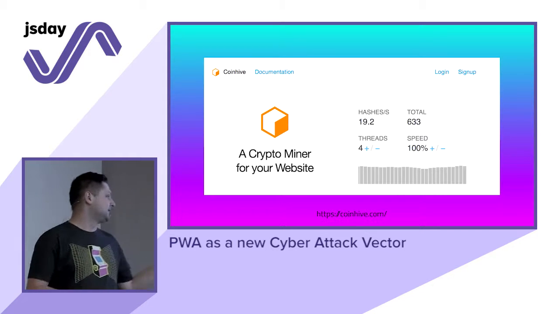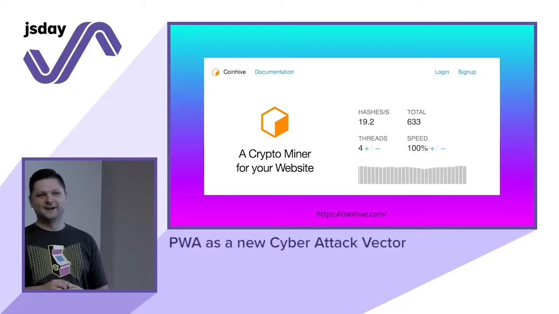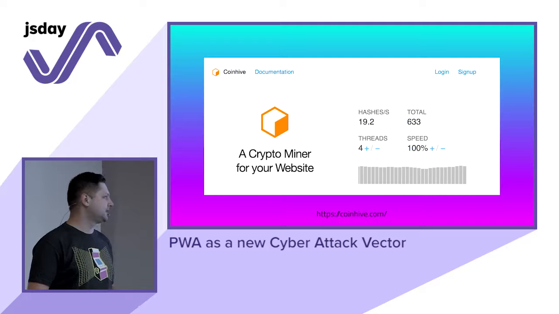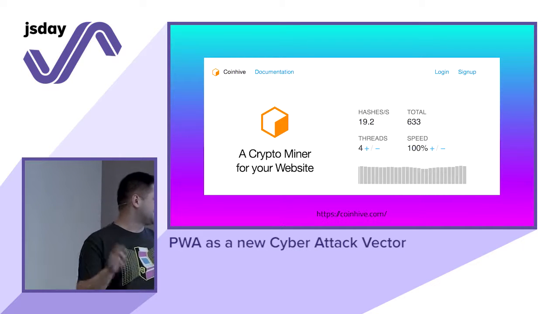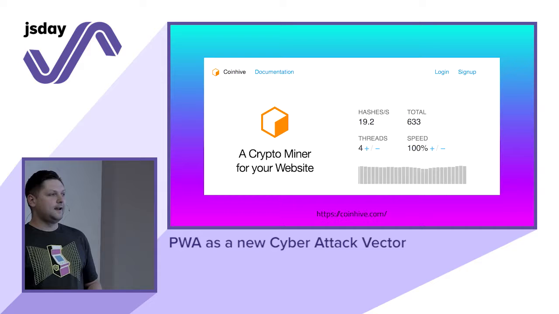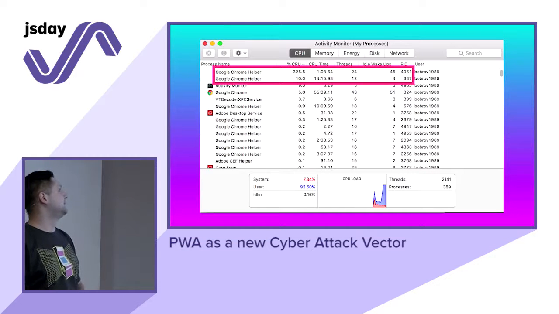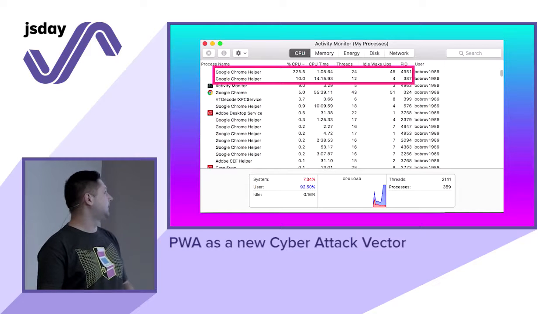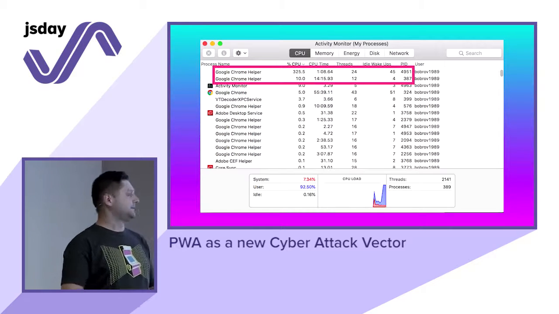So this is the website of CoinHive, I think the most famous library for mining inside the browser and Node.js. You can try the miner right on their website. They have a play button, and what it does is heat up your CPU. I have 4 cores on my MacBook, so that is why it's showing 300%.